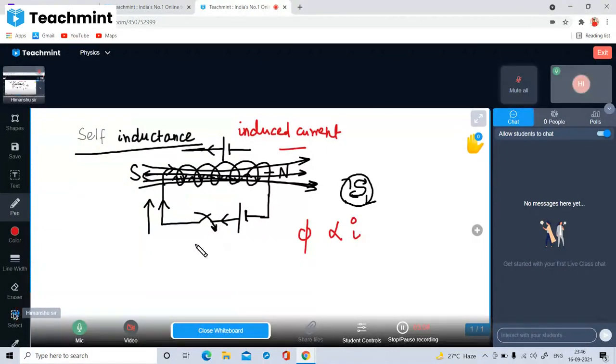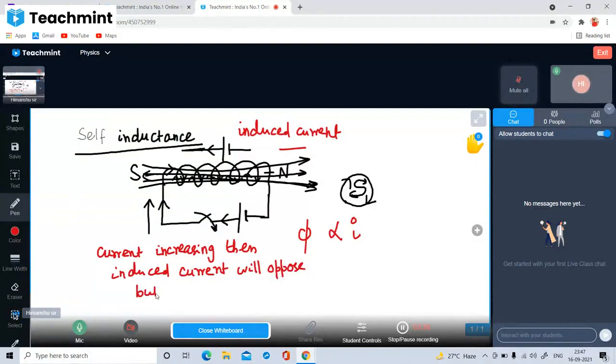If the current is increasing, which current? The supplied current. Supplied current is increasing, then induced current will oppose.